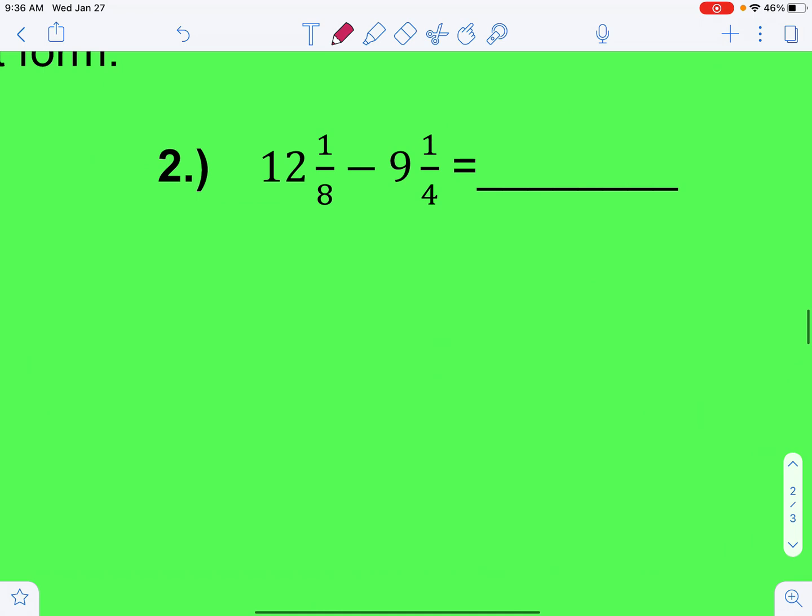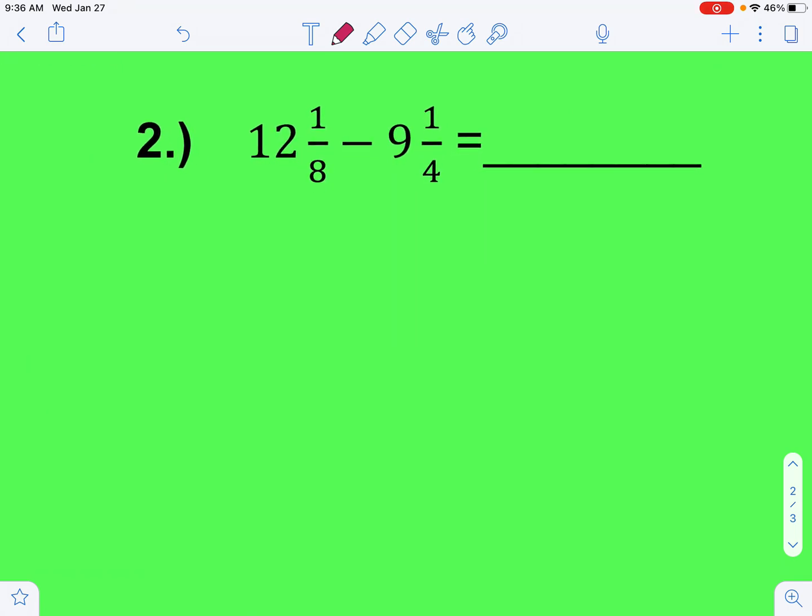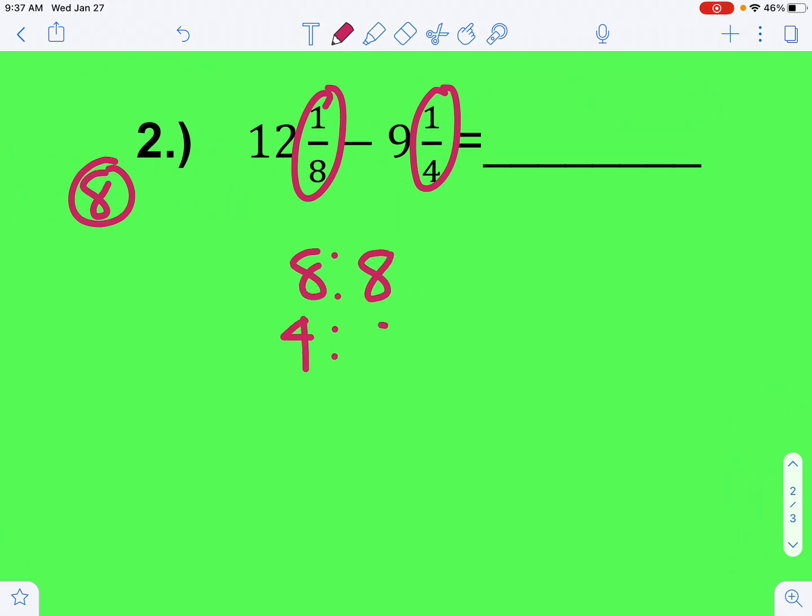Awesome, let's try another one. Moving on to number 2, this time we have 12 and 1/8 minus 9 and 1/4. The first thing we need to do is get common denominators because we need to subtract 1/8 minus 1/4. Our common denominator is going to be 8. We can get that if we count by 8s and count by 4s.